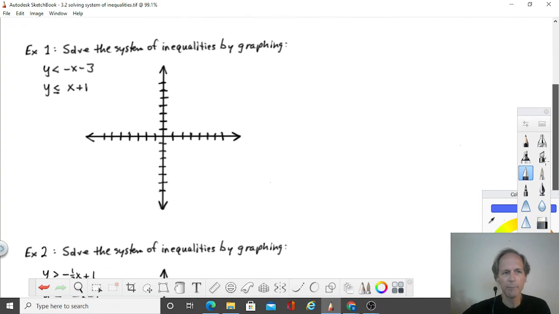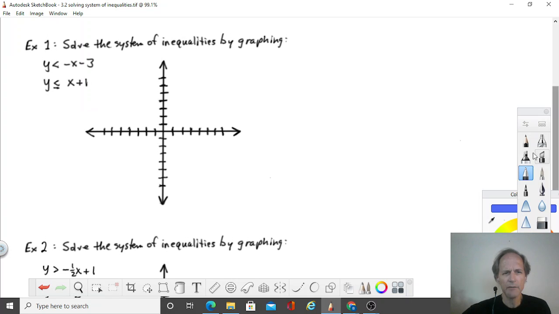So our first example: solve the system of inequalities by graphing, and here's our system. y is less than negative x minus 3, and y is less than or equal to x plus 1.